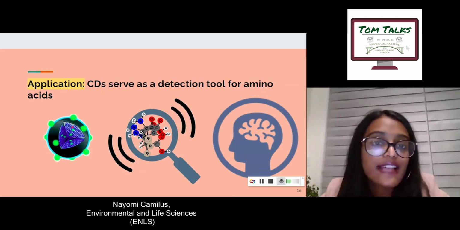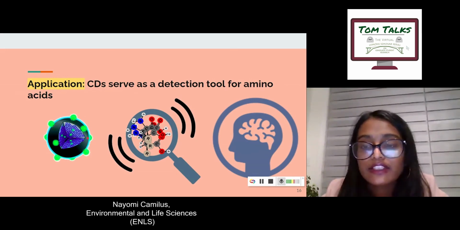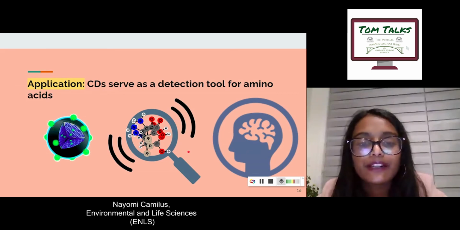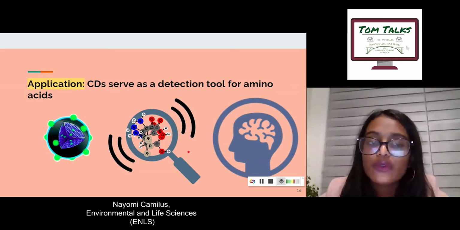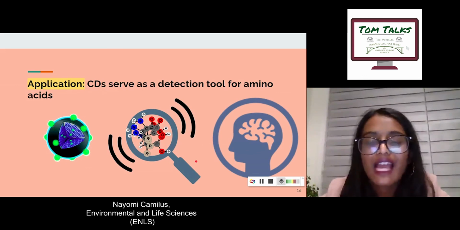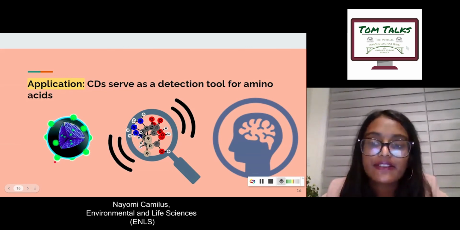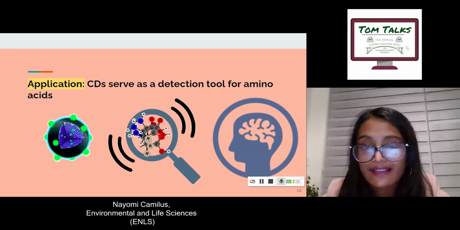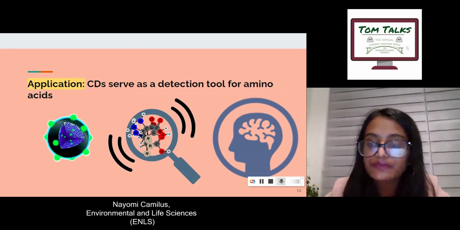So CDs could serve as a detection tool to detect amino acids, to specifically target these metabolic and mental disorders, with a better method that is less time-consuming, because these carbon dots are easy to synthesize, and they can be used as potential tools for amino acid detection in the future.